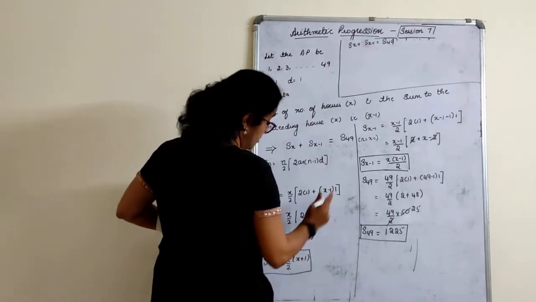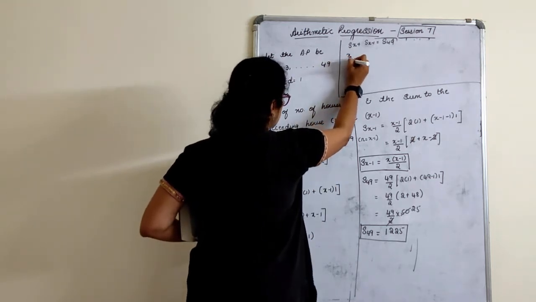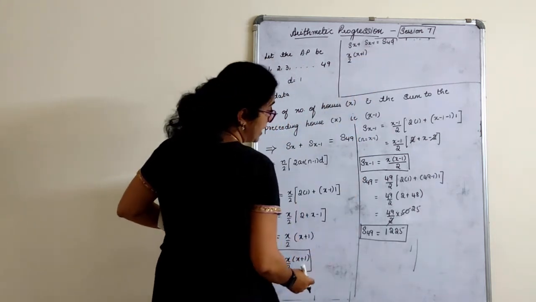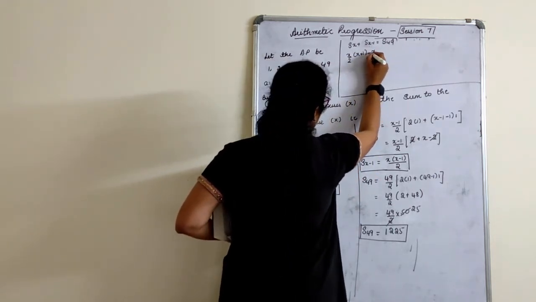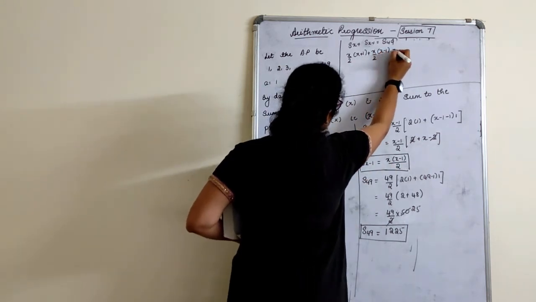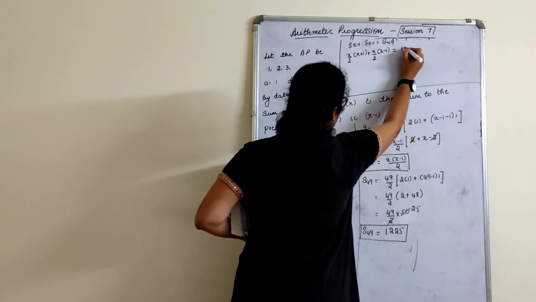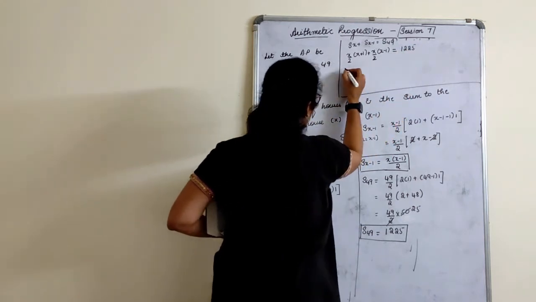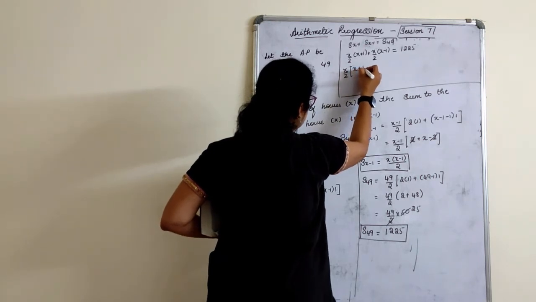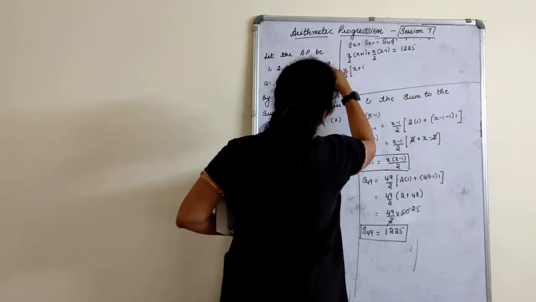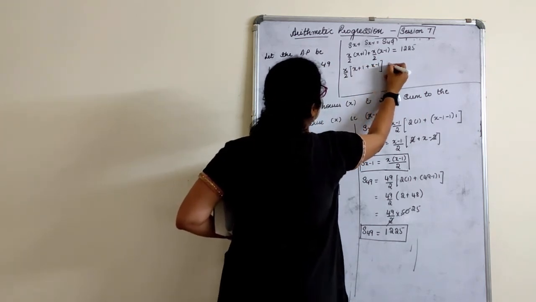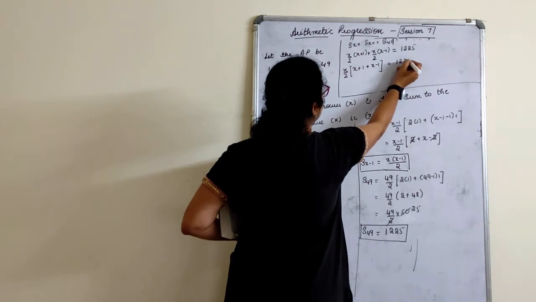Sx is what, children? x by 2 of x plus 1, plus x by 2 of x minus 1 is equal to 1225. I will take x by 2 common. x by 2 is common here, x plus 1 plus x minus 1 is equal to 1225.